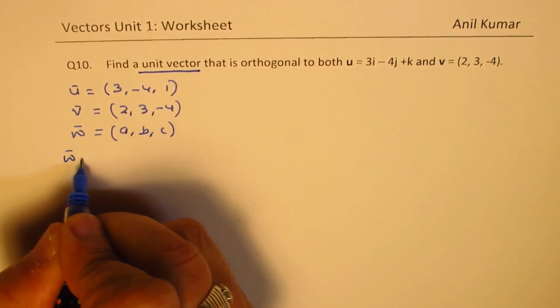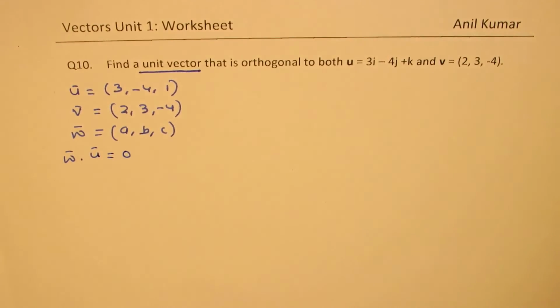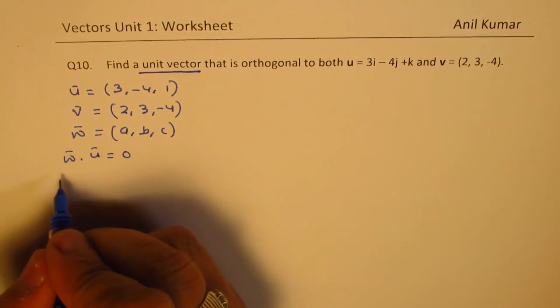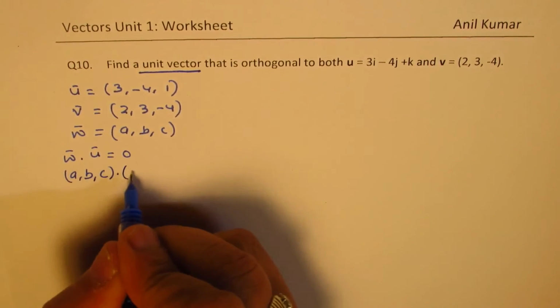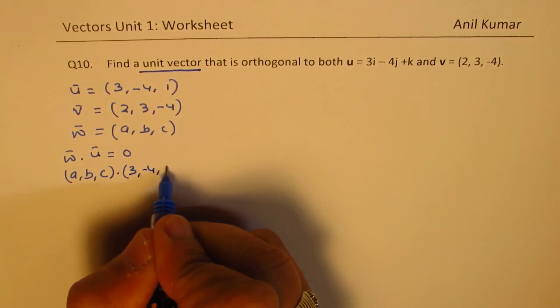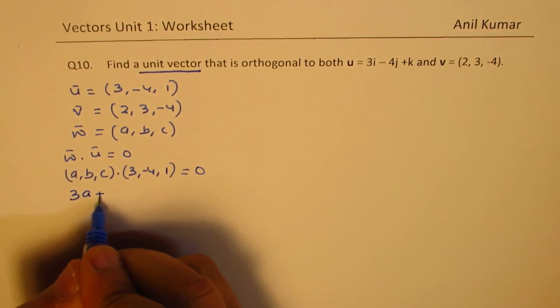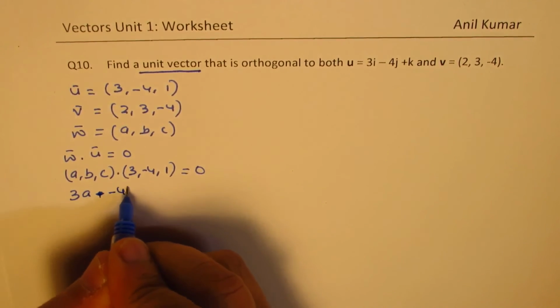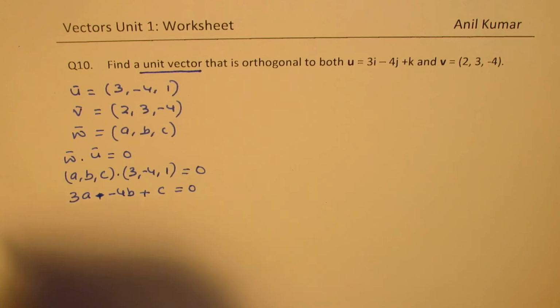Now if w is perpendicular to u, then their dot product should be 0. So again, we'll do (a, b, c) dot (3, -4, 1) equal to 0, and we get 3a minus 4b plus c equals 0, and that is our equation number 1.